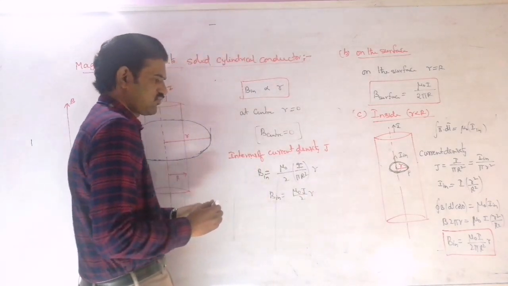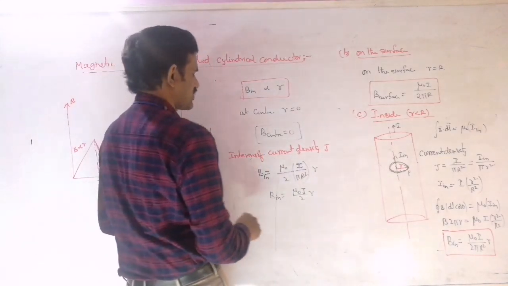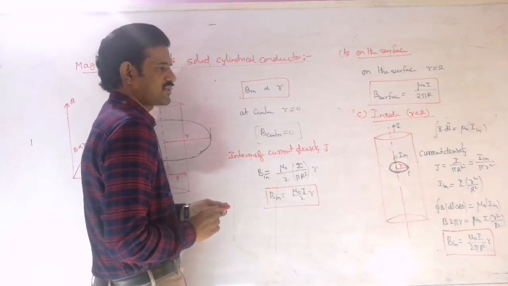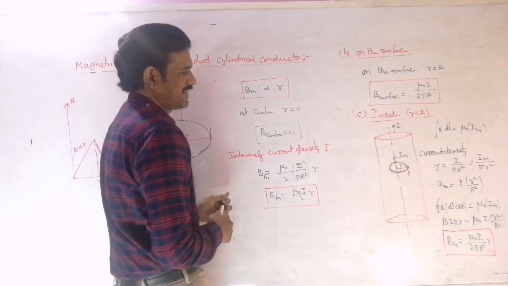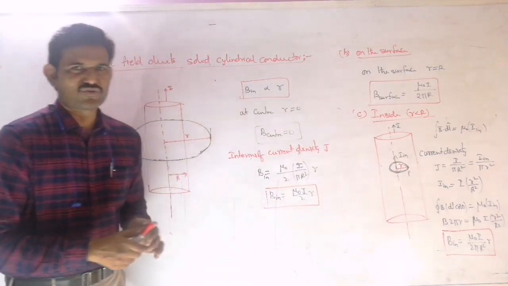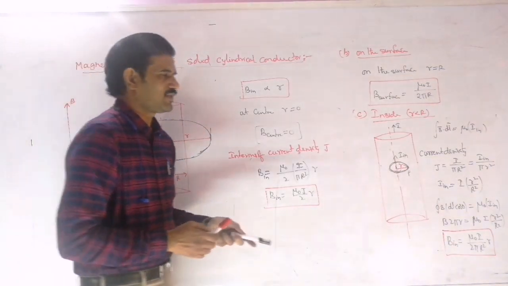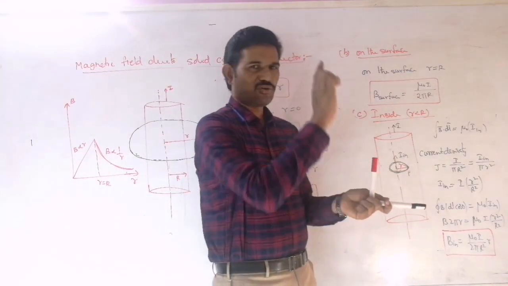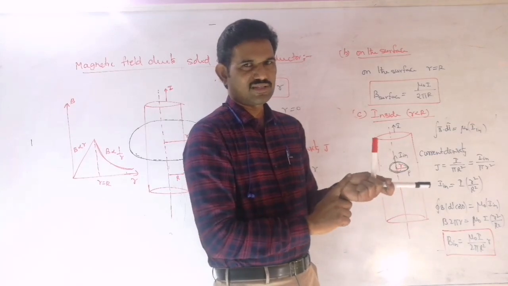This is the magnitude form, and you can also express it in vector form. In vector form, simply r bar cross J bar should give us the magnetic field. For example, if we take this point here, the current is along this direction, and the current density will also be in the same direction.